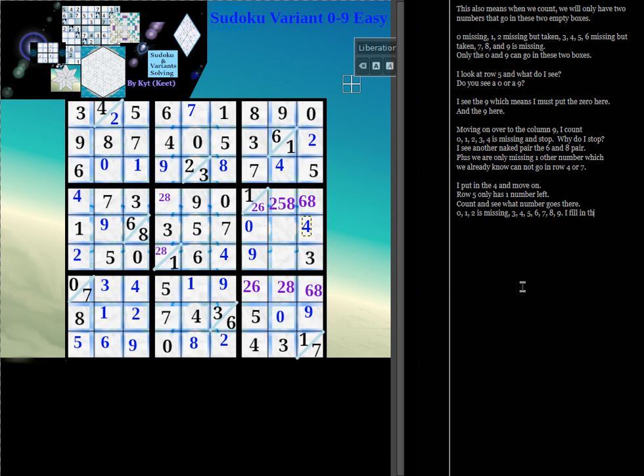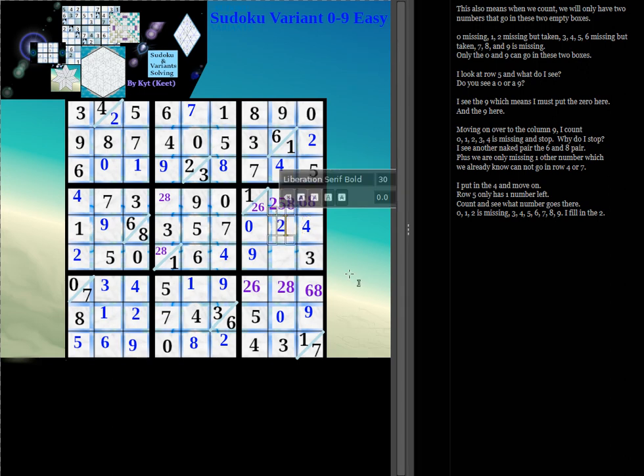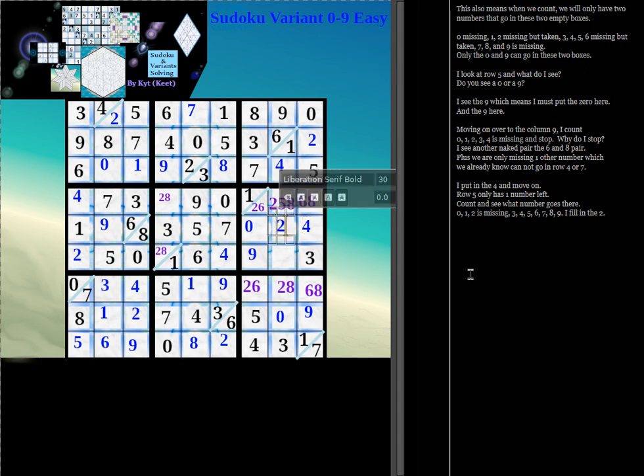I fill in the 2. I then go and look at my markings because I have a 2, I can remove the 2 from different markings.